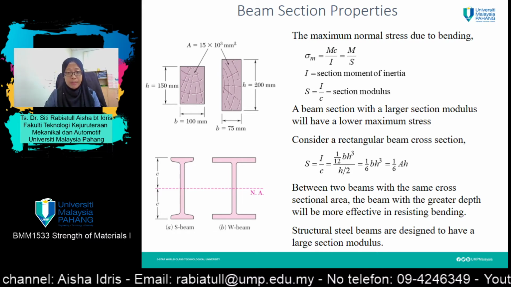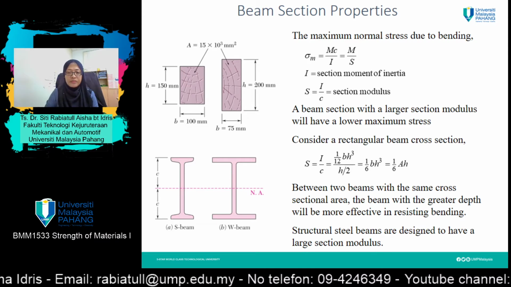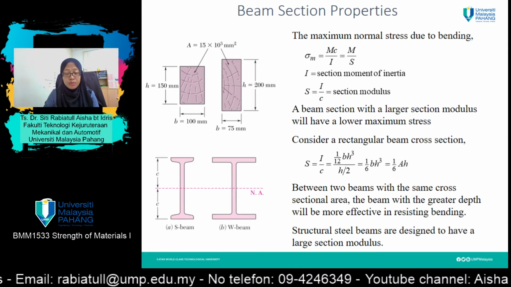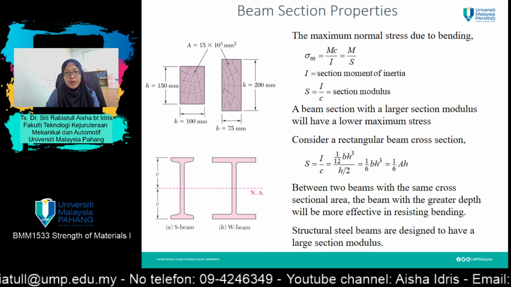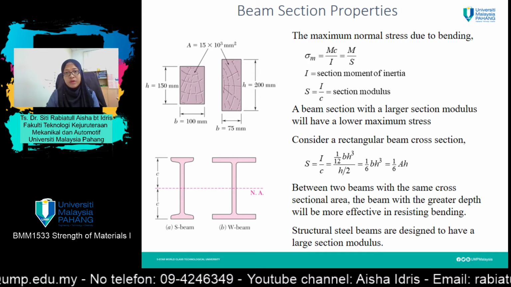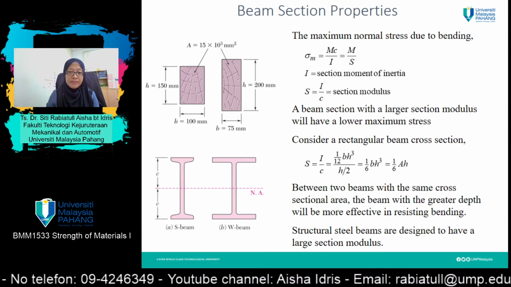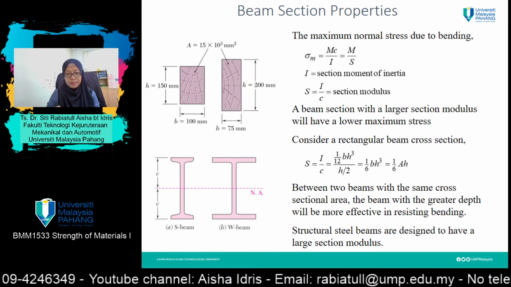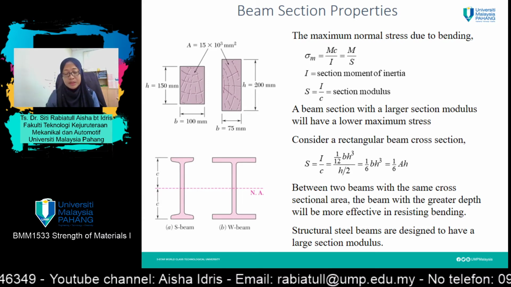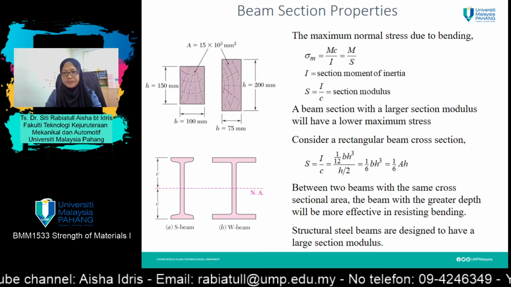If you still remember the textbook that I recommended to you, and also the workbook, at the end of the book itself, you may find the list of different types of beams, beam properties, and also beam sections. So please look at those books and also the workbook.